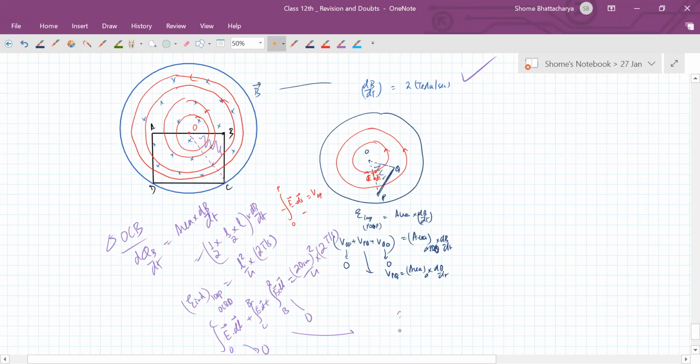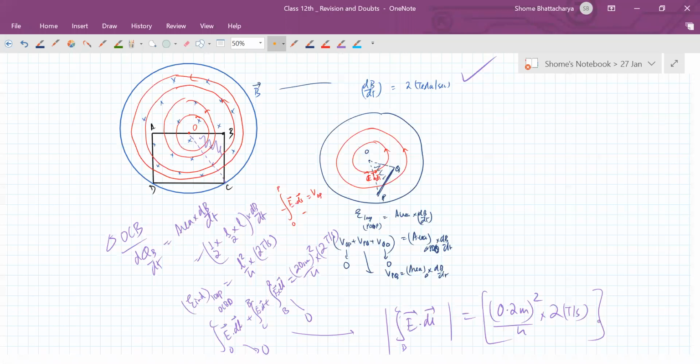So ultimately the line integral of E dot dl across BC, its magnitude will be this much. Similarly you can do for the other parts also, CD and all that. Is the question clear, Aditya? Okay, very good.